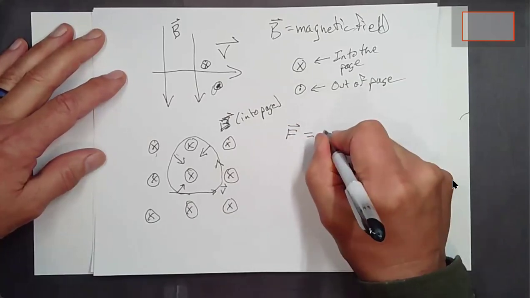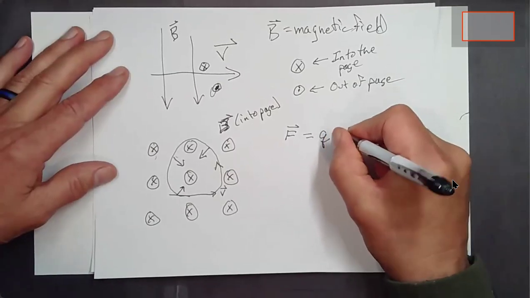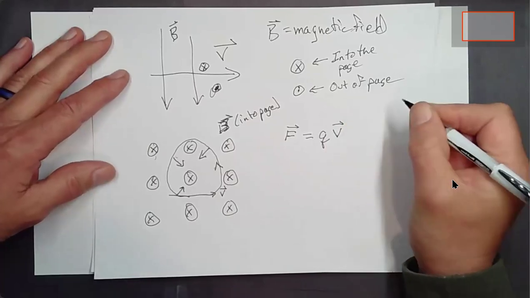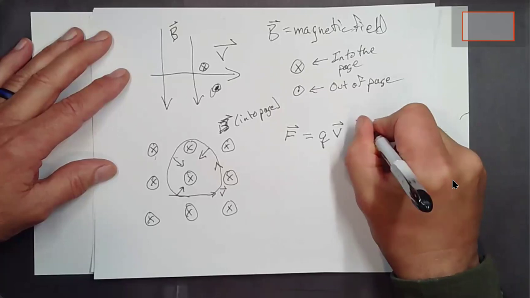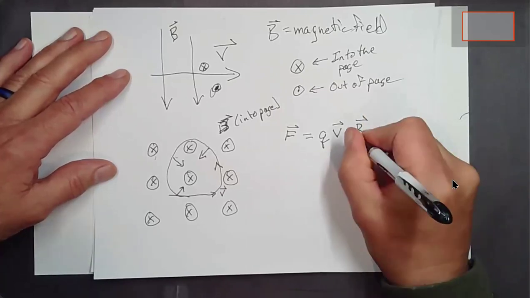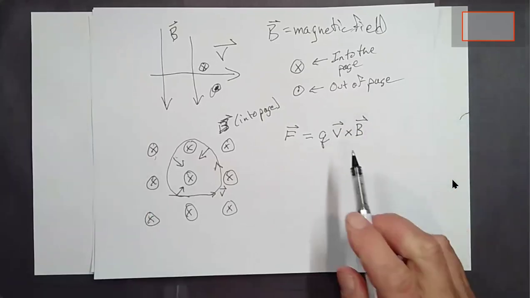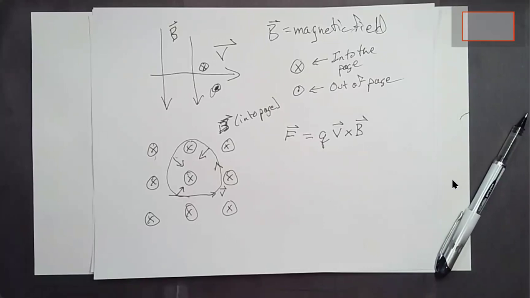It depends on the charge of the particle, so q, however much charge it happens to have, it depends on the velocity of the particle, and it depends on the strength of the magnetic field, but the direction of the force ends up being the cross product between v and B.